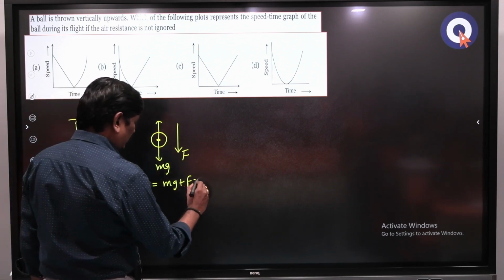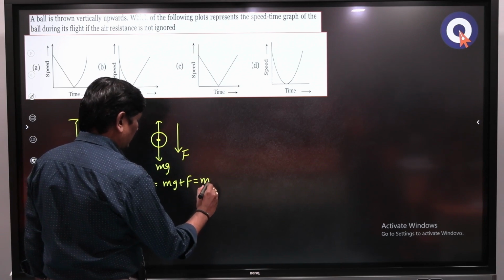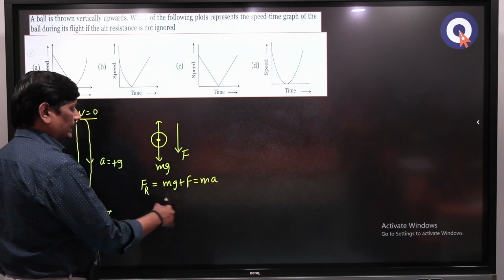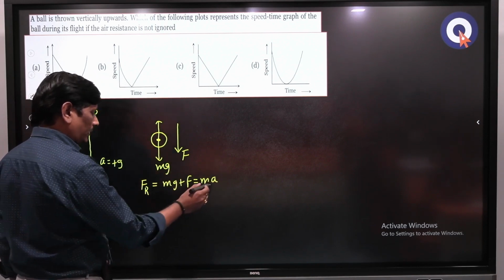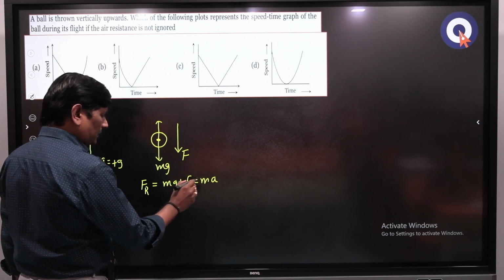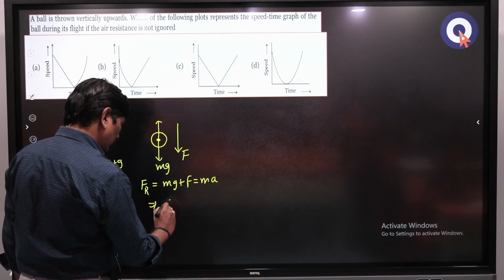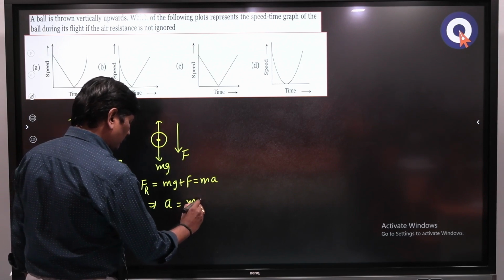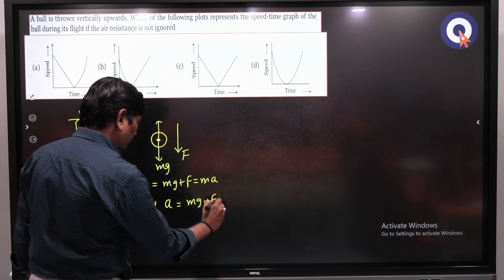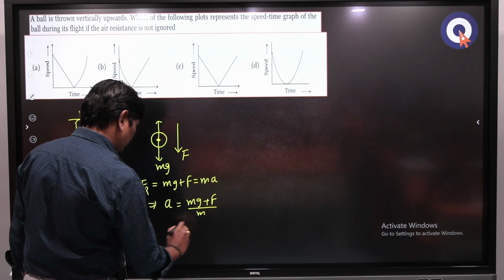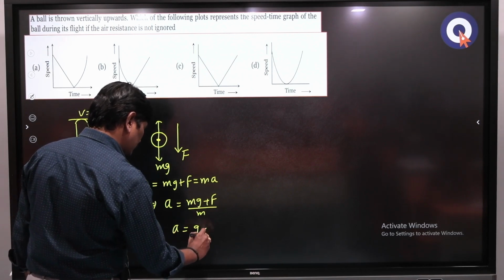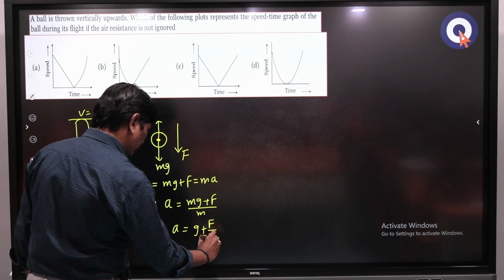This is equal to m into a. Newton's second law: resultant force Fr is equal to ma. So, we write mg plus F is equal to ma, so that a is equal to mg plus F divided by m. So, a becomes g plus F divided by m.